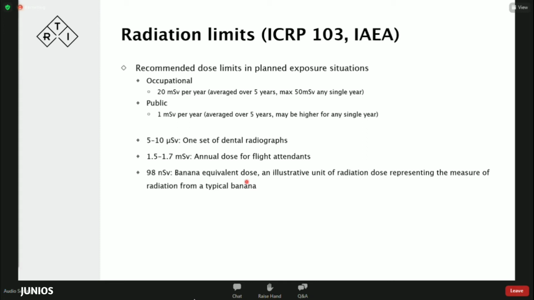As a comparison for other occupationally exposed people, such as flight attendants, the annual dose is 1.5 to 1.7 millisievert per year. And for one of the dental procedures that many of us might be familiar with, that is 5 to 10 microsievert per set of dental exposure. Okay, so I hope it gives you an idea of the context of radiation limits.